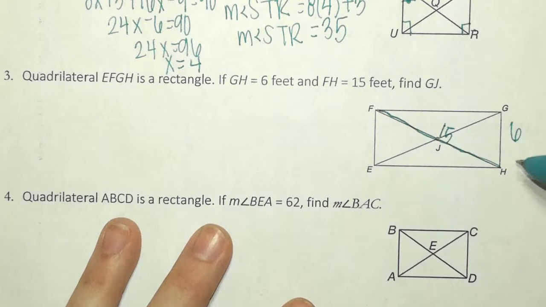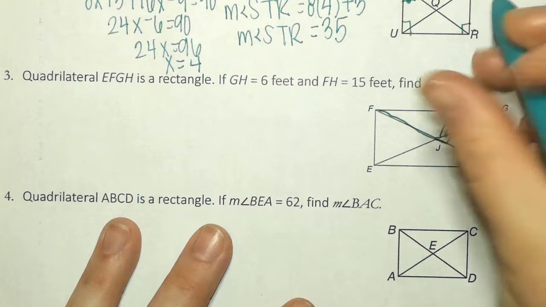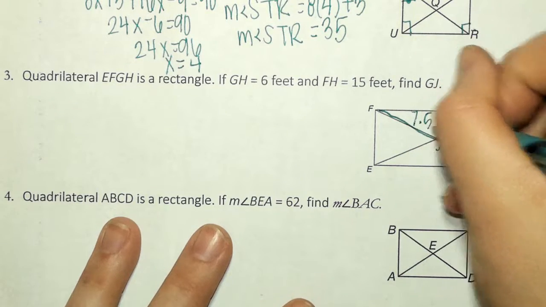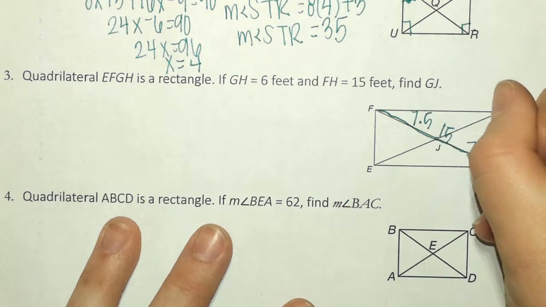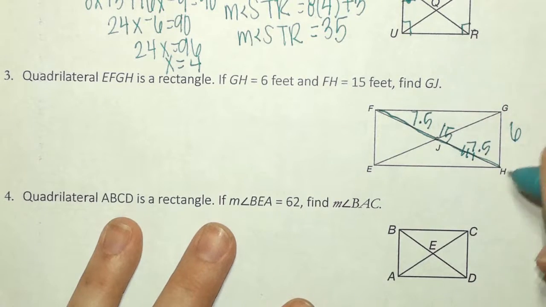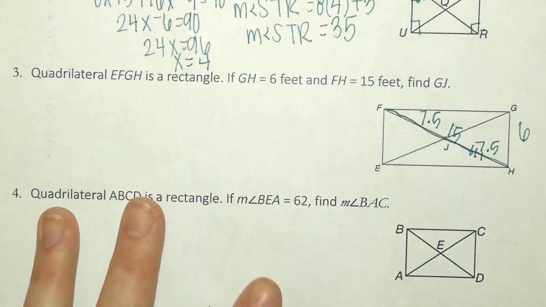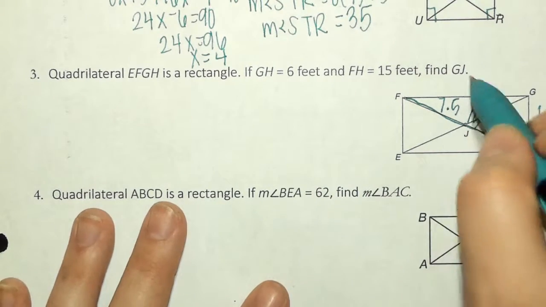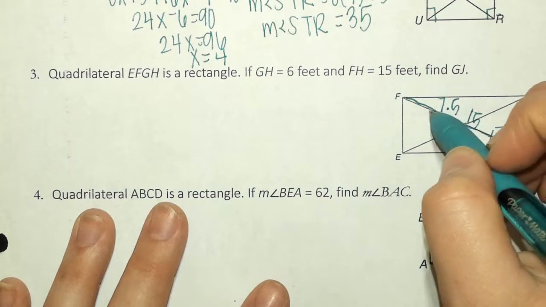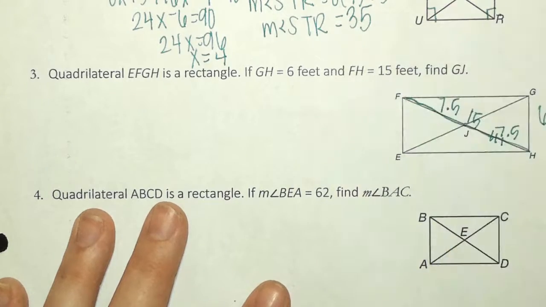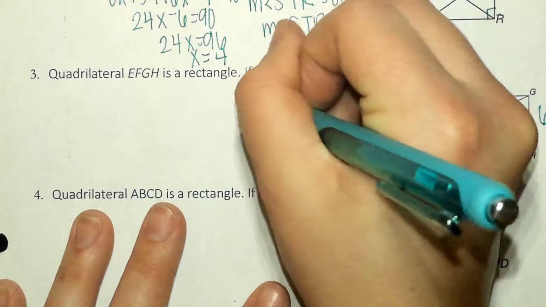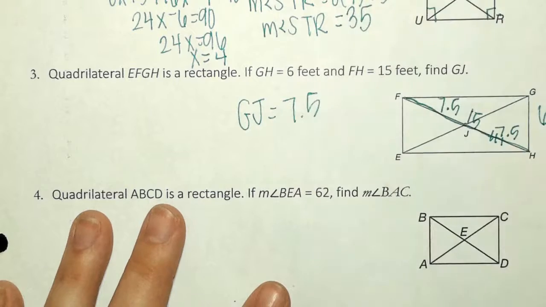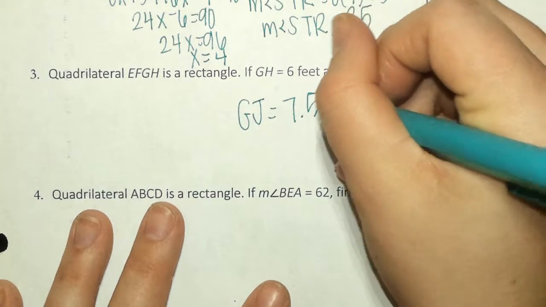So if the whole thing's 15, it bisects it, so this is 7.5, right? And this is 7.5. Well, whatever this is, all of them are the same. So GJ is just, yes. Do I need to explain that again? No. Take half of 15, and all 4 of these insides are just half of 15. 7.5 what? Don't forget your units.